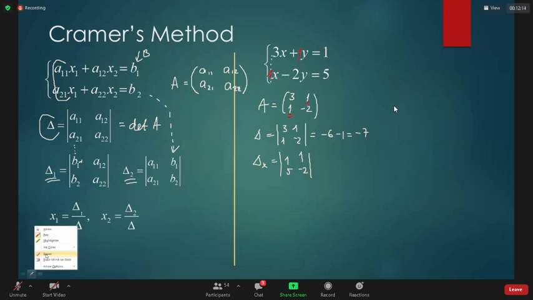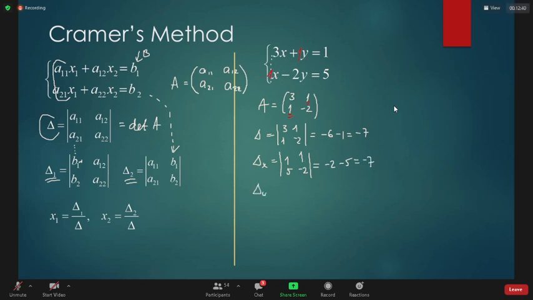We never write x or y, but we use these 1, minus 1. And sometimes when a variable is missing, we put a 0. We will have those examples today. And now we have minus 2 minus 5, which is also minus 7.